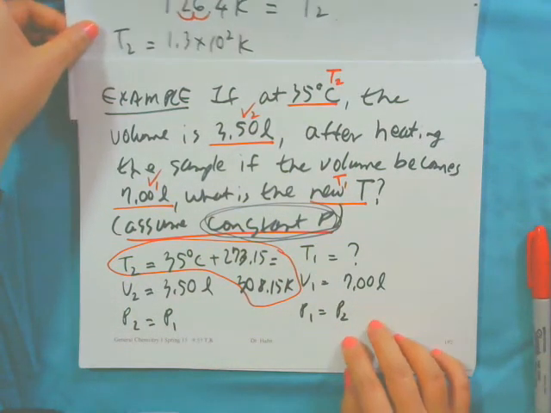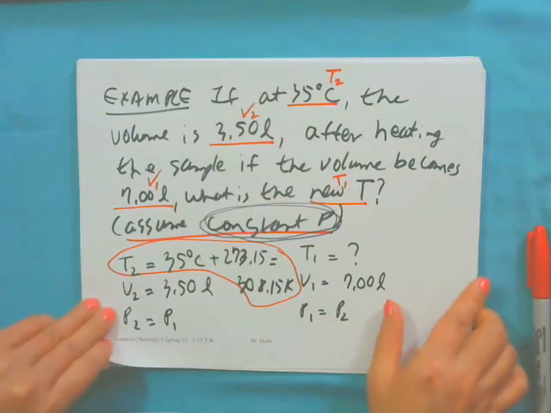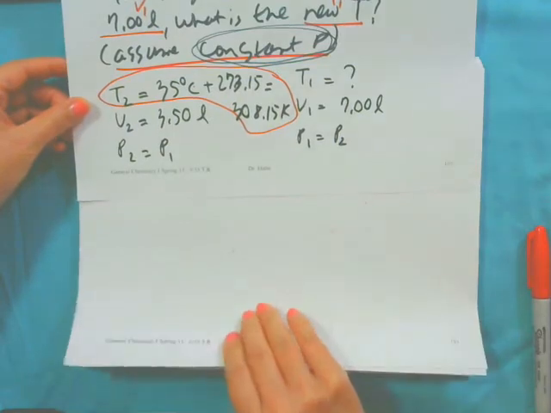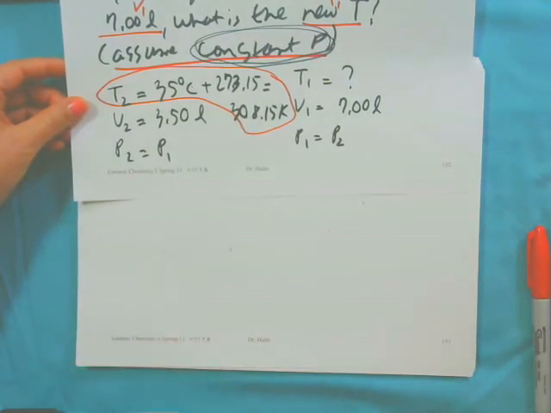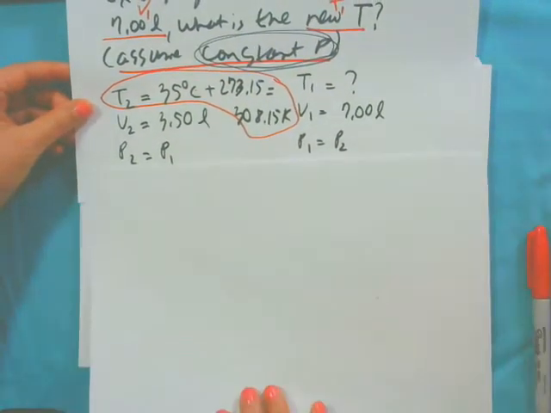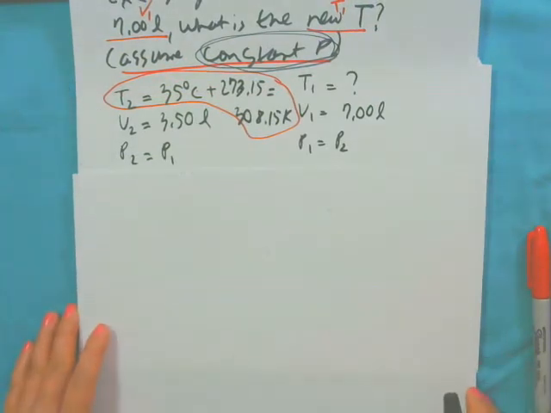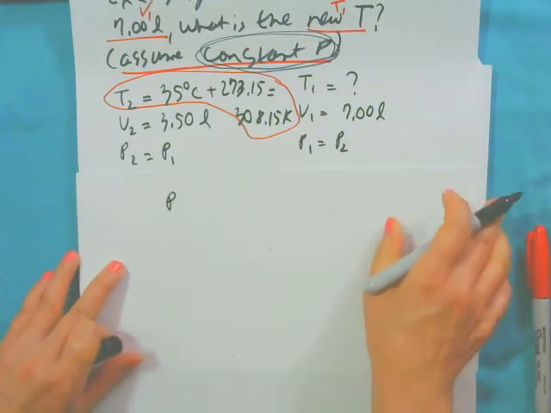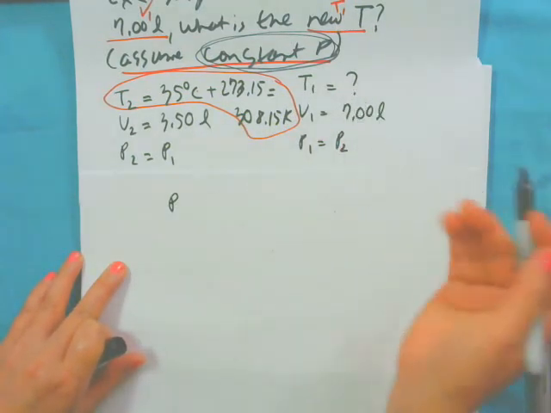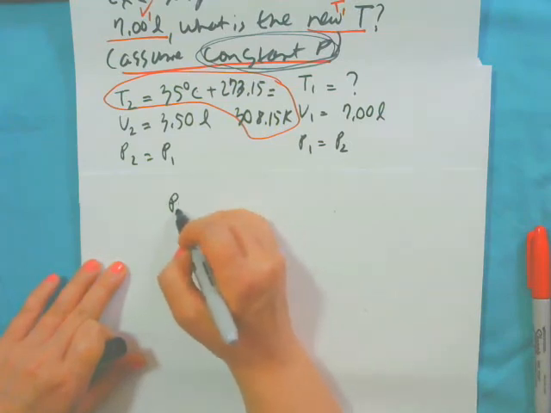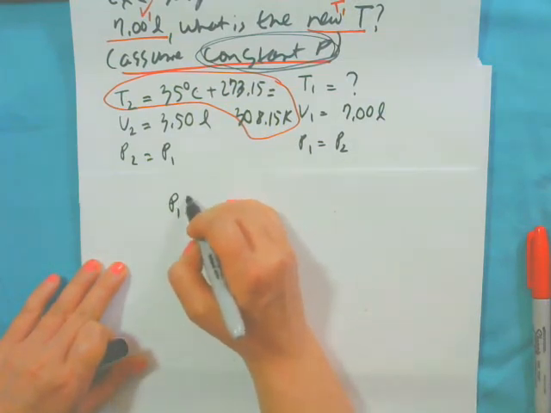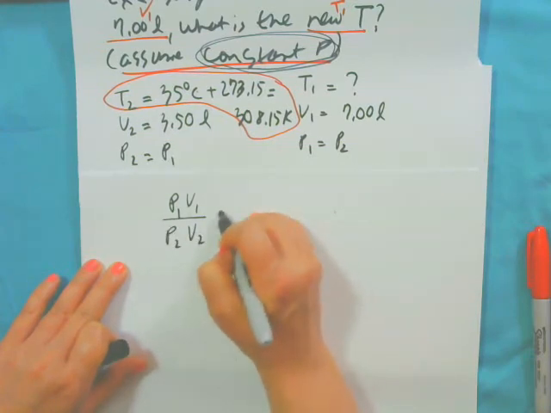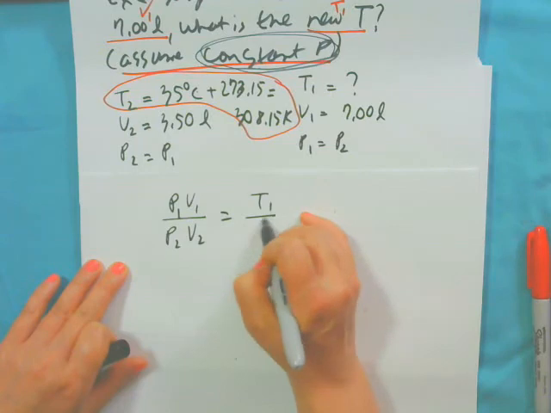Now we're going to plug the variables we have found into our combined gas law equation. Here we write out our combined gas law equation. Since we're solving for T1, we'll keep the 1 values on top, just to make it easier. So we're going to say pressure 1 times volume 1 divided by pressure 2 times volume 2 is equal to T1 over T2.